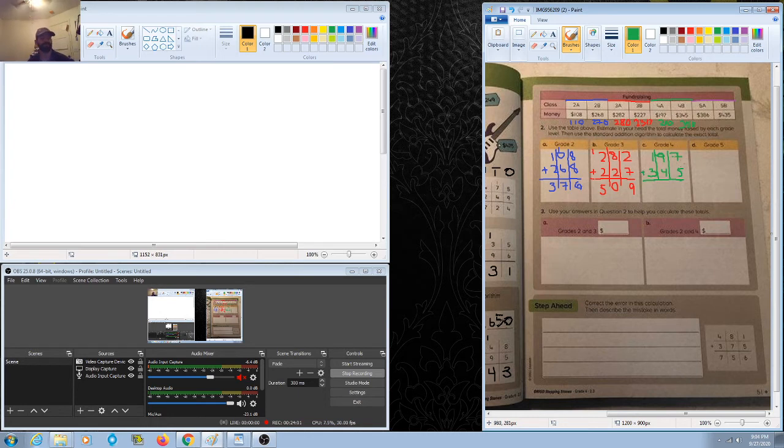So 7 plus 5 is 12. We put the ones place of 12 here, but we carry the 1. We have one group of 10 plus 9 groups of 10 plus 4 groups of 10. So 1 plus 9 plus 4 is 14, but there's 10 groups of that, so it's 140. So now we represent the tens place of 140 being 4, and then we represent that 100 in the hundreds place as 1.